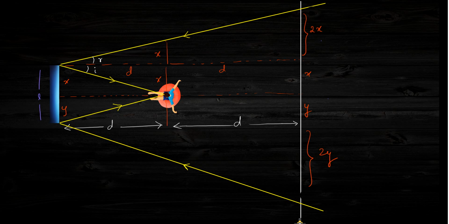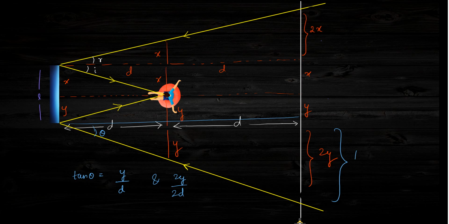So this is Y right over here, this is also Y, and then if we equate tan thetas, let us say this angle over here is theta, then tan theta is equal to y divided by d, and tan theta also happens to be equal to 2y divided by 2d, or if you don't know this length, let's call it p.